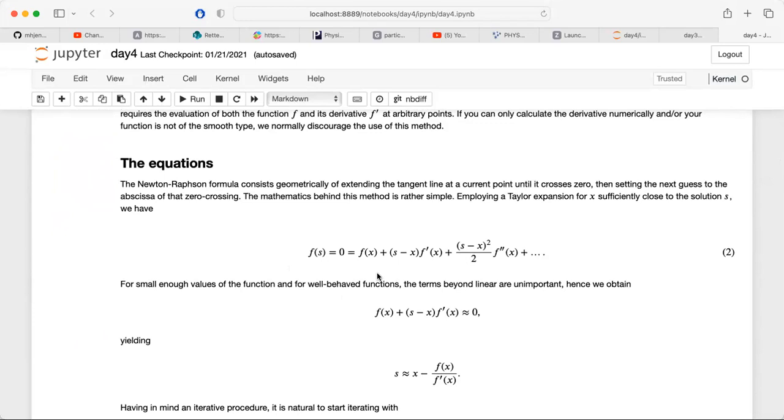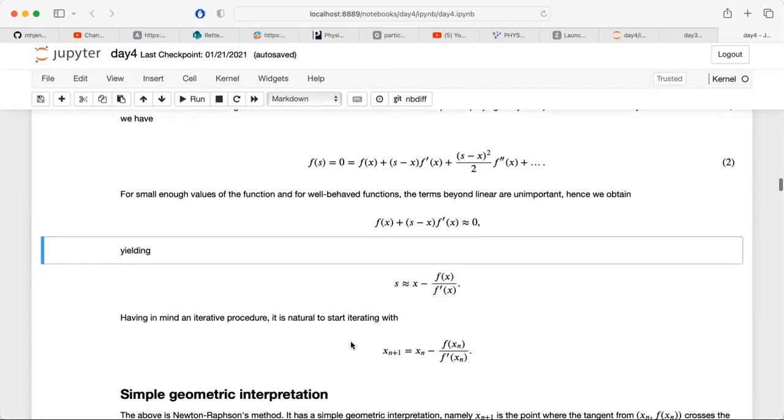Normally what you do now is truncate the equations and leave out terms beyond the linear one, which are not important. And you end up with an equation for this parameter s, which is given by x minus f of x divided by the derivative of f of x. So this is just you truncating the Taylor expansion around the point.